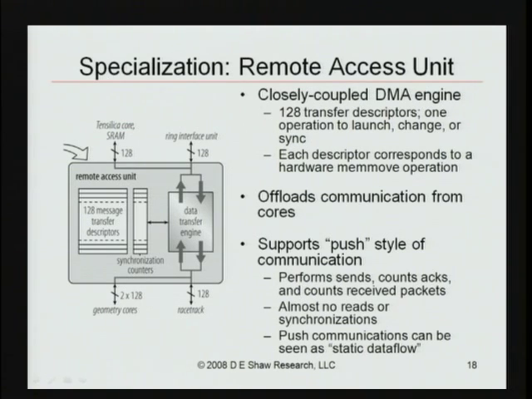If we want to communicate with a remote node, we don't wait for that node to ask for the data. We know it's going to need it, and we send the message to that node containing the data early on, and it's there waiting when it gets to that step of the calculation. And so we have push synchronization. Again, this is specialization we're able to do because we know the problem we're running.